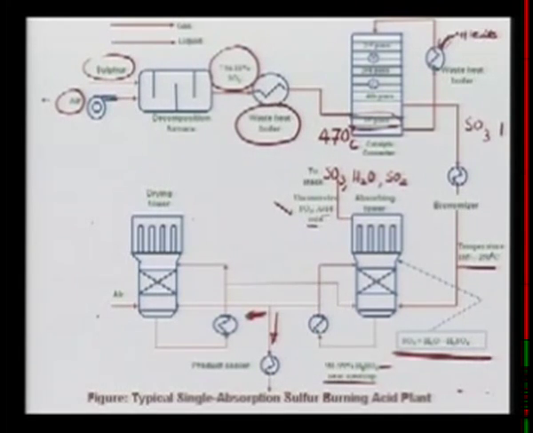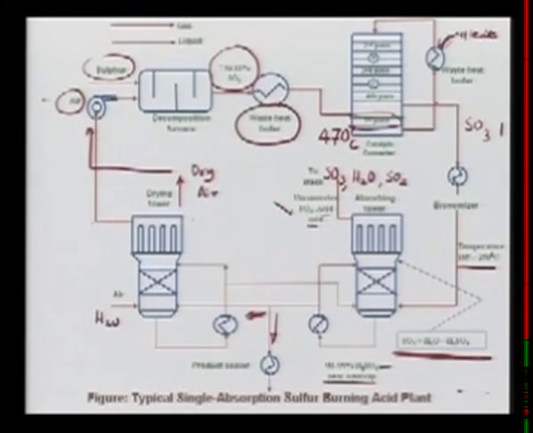So you recycle this sulfuric acid and keep on drying the air that you have. You may have some moisture here, but what goes out is dry air, and it is very important to have dry air in the process. So what you need to observe here is that the conversion is important.